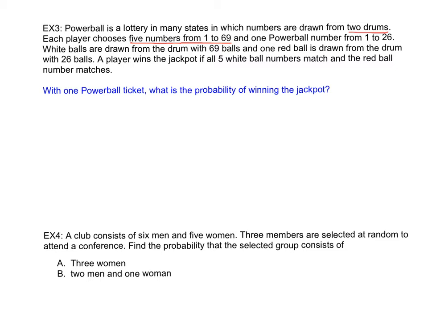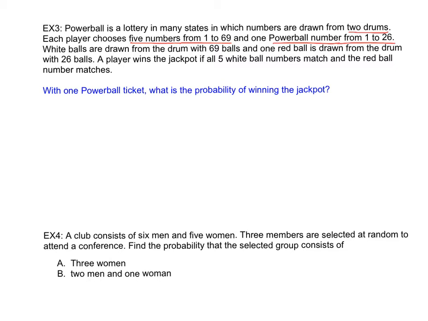And then you choose your Powerball number, which would be the other drum, and that's 1 to 26. So you're choosing 5 numbers from 69, and then you're choosing 1 number from 26. So you have 2 different groups of numbers. The order that you choose does not matter.